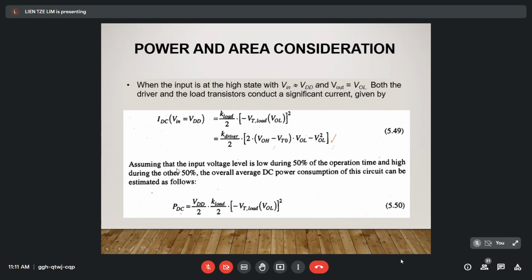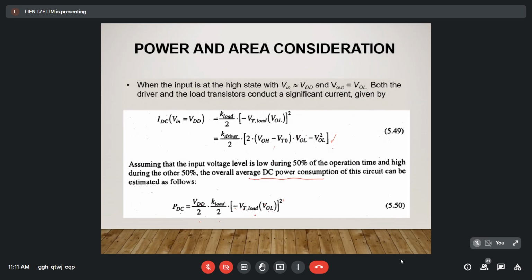Okay, assuming that the input voltage level is low during 50% of the operation time and high during the other 50%, the overall average DC power dissipation of this circuit can be estimated as follows. This is the formula to calculate the average DC power dissipation: VDD divided by 2, multiplied by K load over 2, multiplied by minus VT load, multiplied by VOL square.